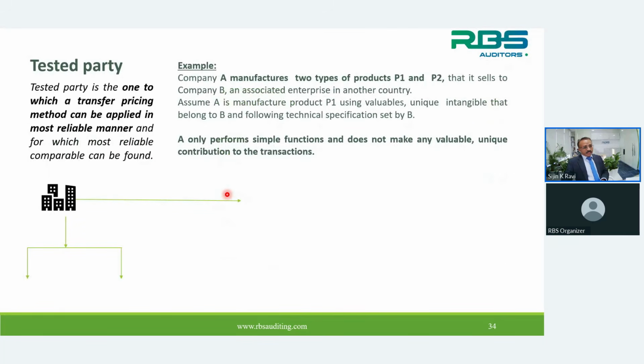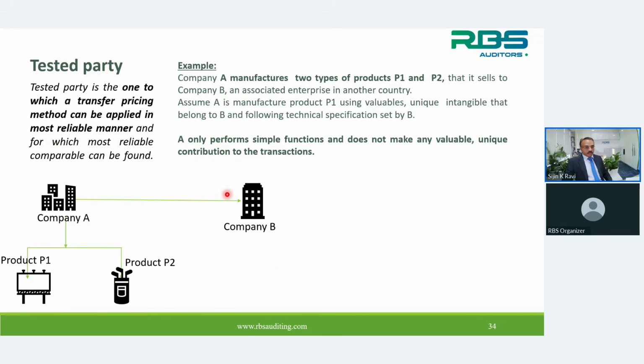So the tested party is the one to which a transfer pricing method can be applied in the most reliable manner. For example, let's say company A manufactures 2 types of products. One is P1 and the second one is P2. And it sells to company B, an associated enterprise in another country.